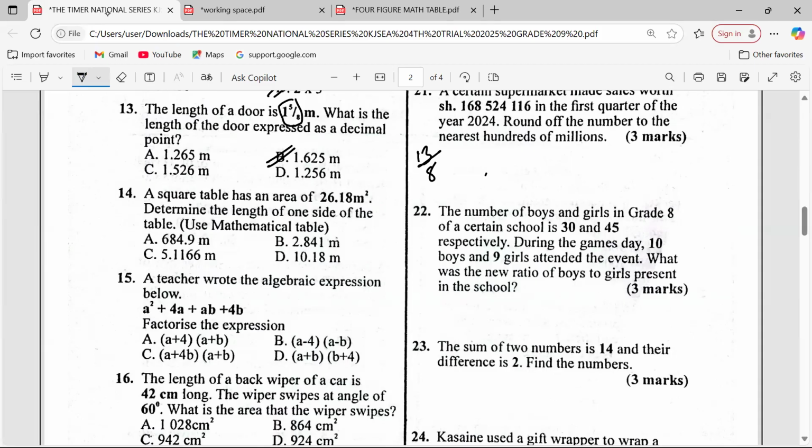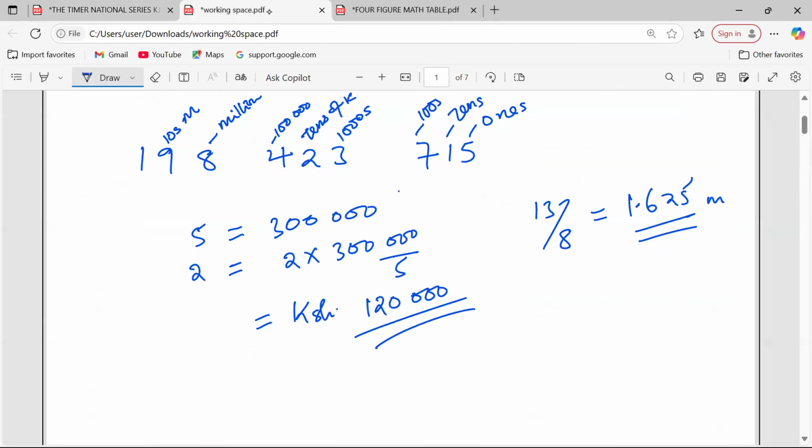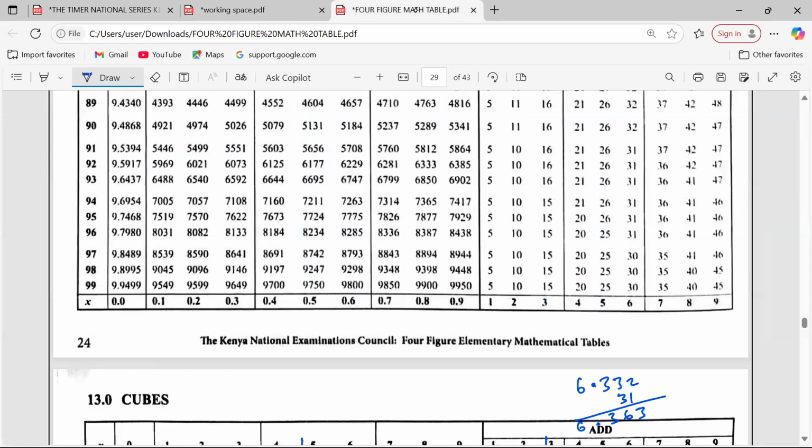Because when we take side squared, we usually get area, which means given area, for us to get side, we need the square root of area. So side equals the square root of area, square root of 26.18. So we are finding the square root of 26.18.